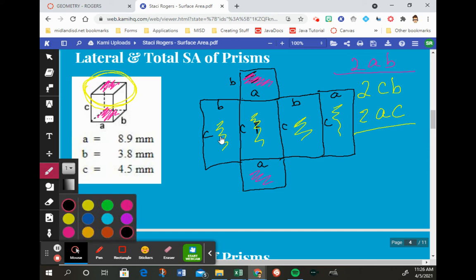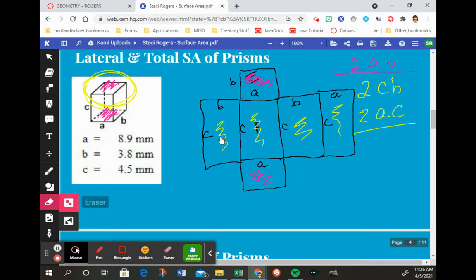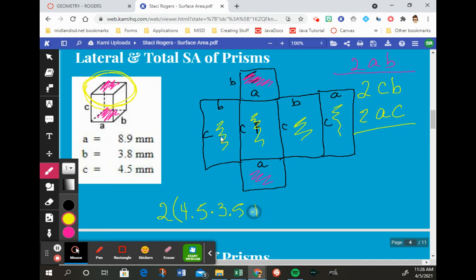So let's do some math. Let's rewrite this. 2 times C times B, where C is 4.5 and B is 3.8, plus, we've already got the 2 out here, A times C. A is 8.9 times C, 4.5.